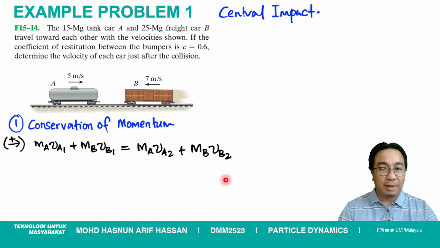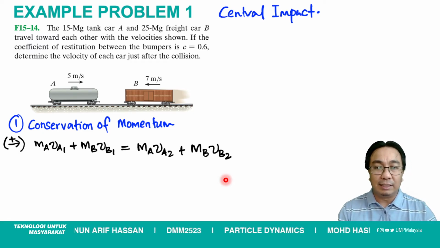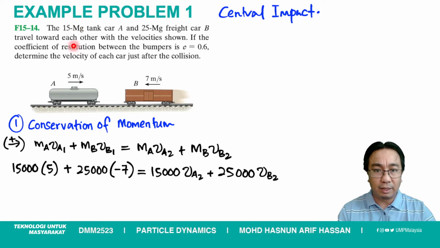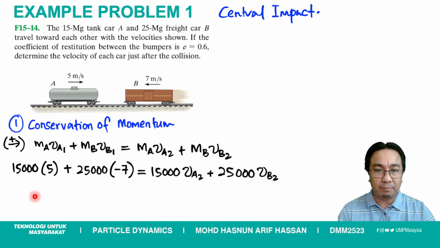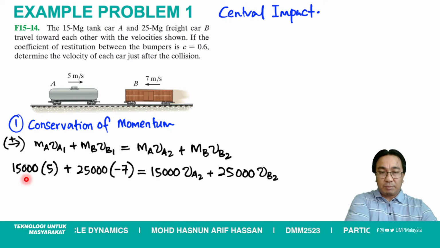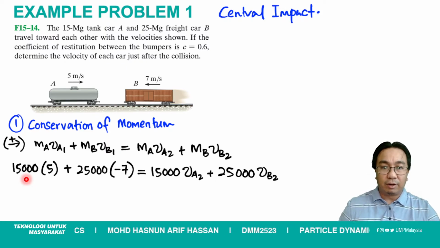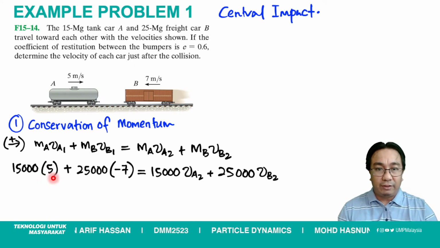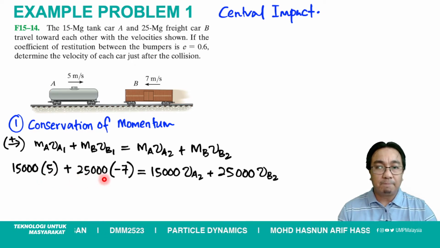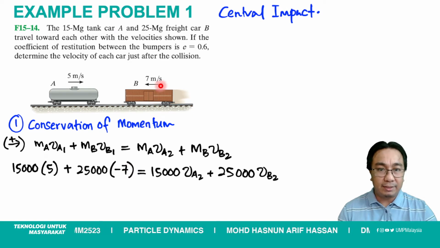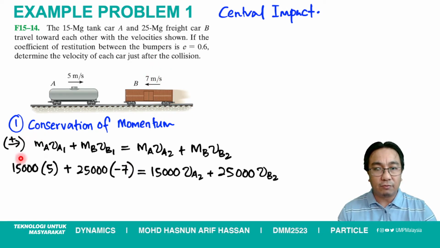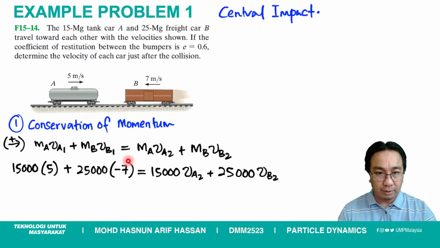We know all the masses, and we know the velocity initially. 15 megagrams is equal to 15 times 10 to the power of 3 kilograms. So 15,000 kilograms multiplied by 5 plus 25,000 multiplied by minus 7. Note that this is traveling in the opposite direction of the positive axis, so we're going to write it as negative.